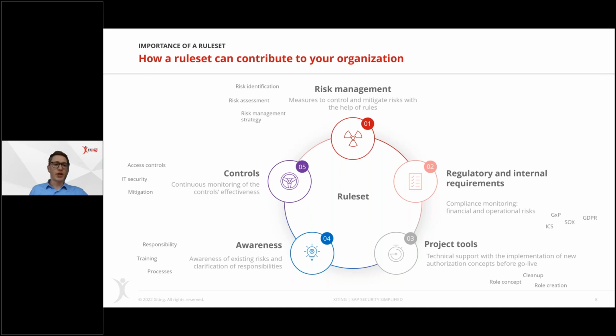And also it can be used as a controls instrument. Executing risk analysis regularly would help you achieve a controls objective, that only the right people have the right access.